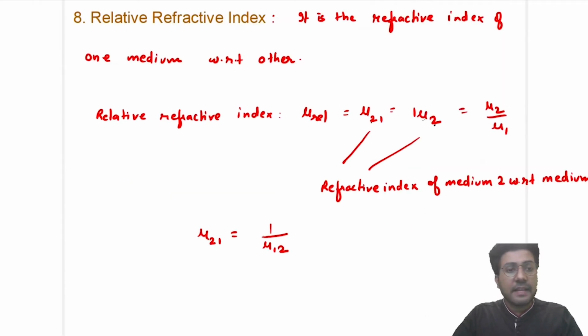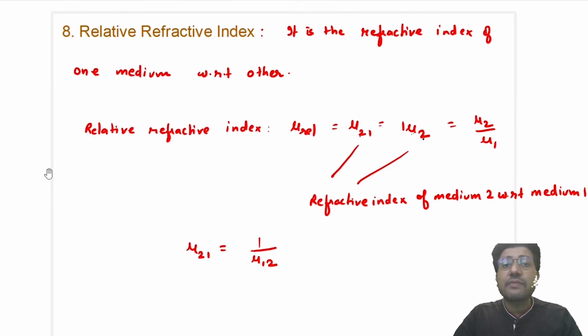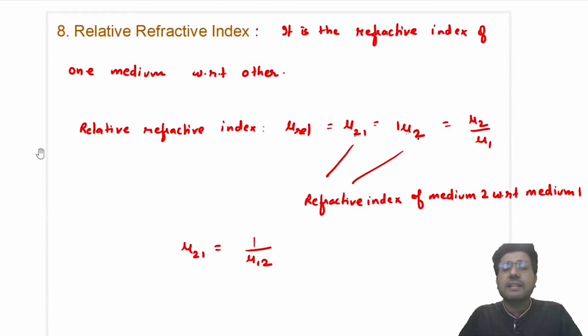Then there is a term called relative refractive index. What is relative refractive index? It is the refractive index of one medium with respect to the other. For example, relative refractive index can be written as mu 2 1.